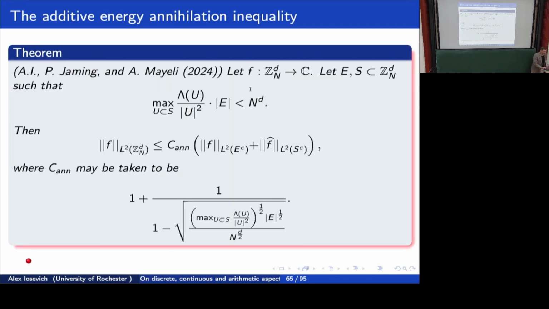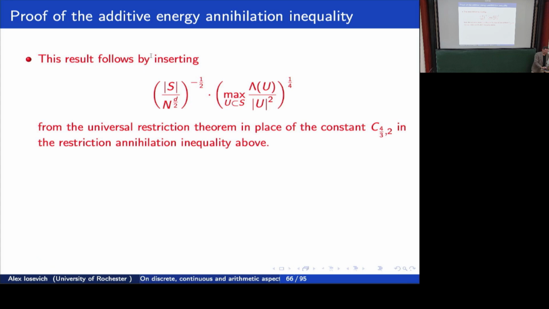So the additive energy annihilation inequality simply comes from taking this constant from the universal restriction theorem and putting it in place of the constant C_{4/3,2} in the restriction annihilation inequality, right? We have an inequality where you're given the restriction theorem and you get an annihilation inequality. You simply insert this term in there and you're done.